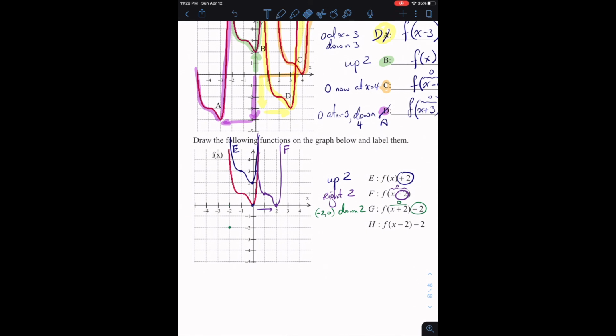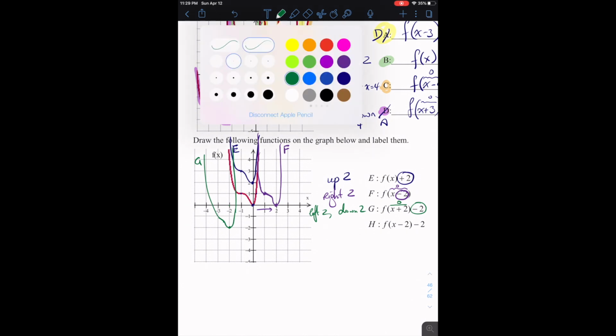Right, so actually we probably shouldn't write this value exactly. We should say left 2 and down 2. So let's draw this function. My drawing is getting worse and worse. Okay. That's G.